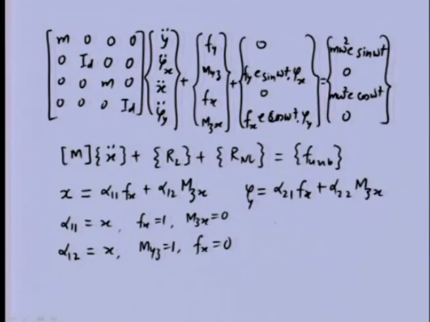In this case, we will see that generally these two cross-coupled influence coefficients are symmetric, so they will be equal. Now, with the help of these two equations, let us say this is the fifth equation and this is the sixth equation, they can be combined in the following way.